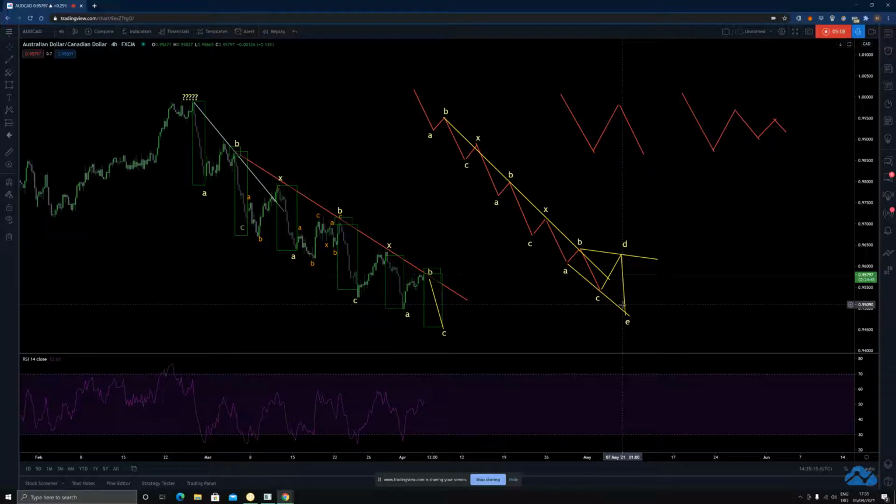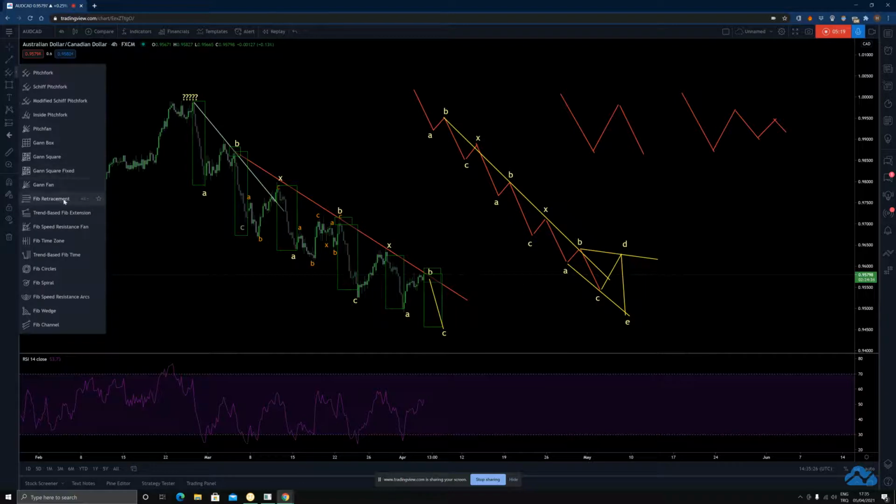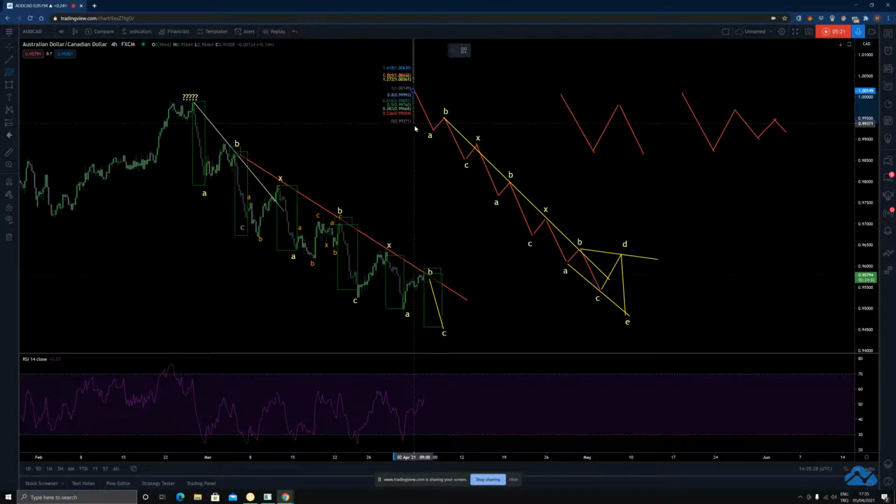It can be any type of triangle, no problem. Now, here's the deal. In a zigzag, after the wave A is done, you should check the retracement level for the B wave. If it's above 618, then it is not a zigzag. As simple as this.